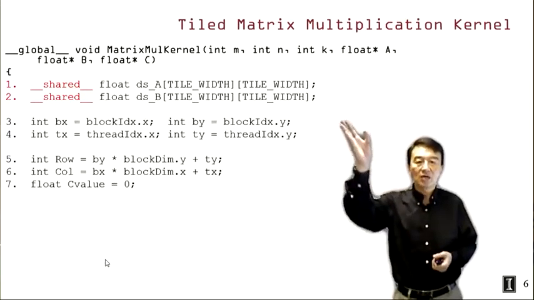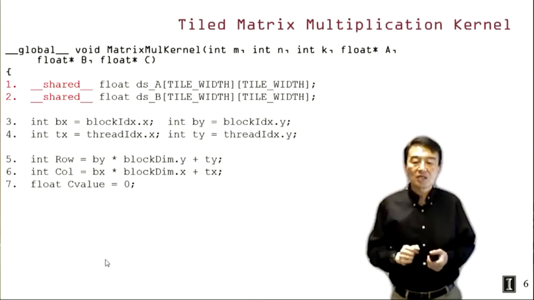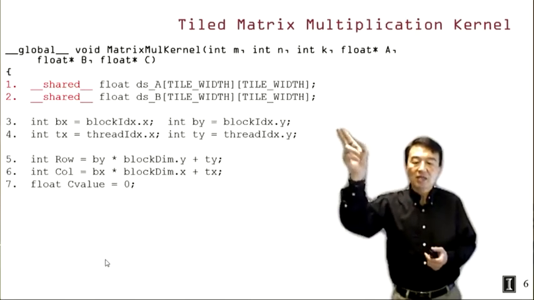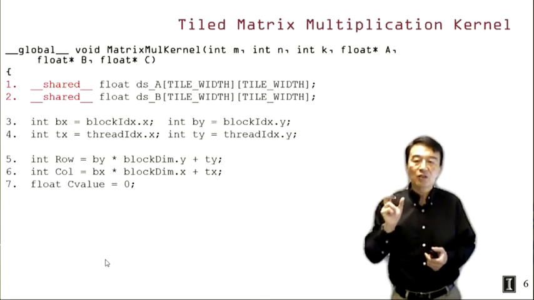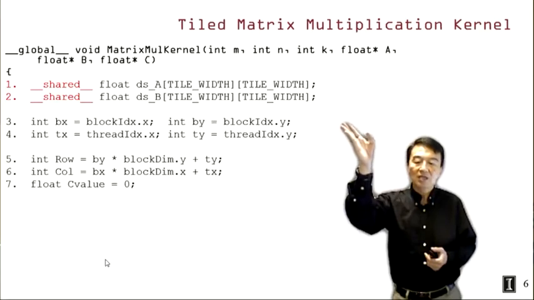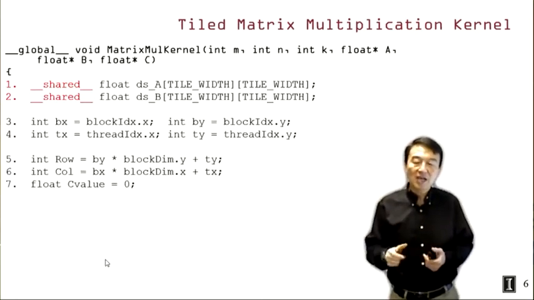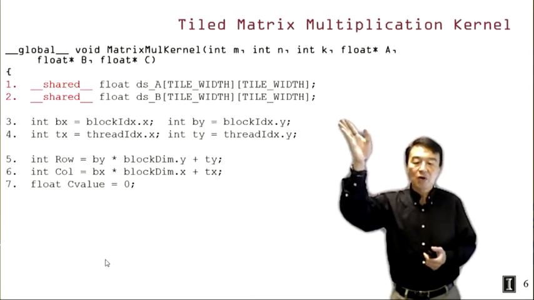But here we already discussed the declaration of a tile's worth of shared memory array for A and a tile's worth of shared memory array for B. So we call these ds underscore A and ds underscore B. ds means device shared memory. And the size of each array is tile width by tile width.